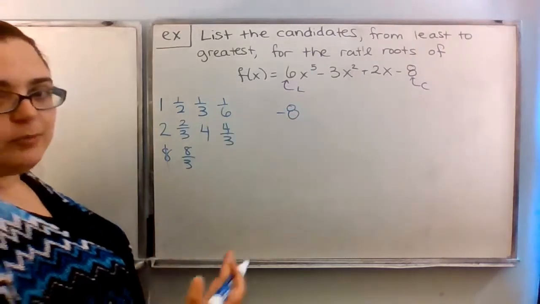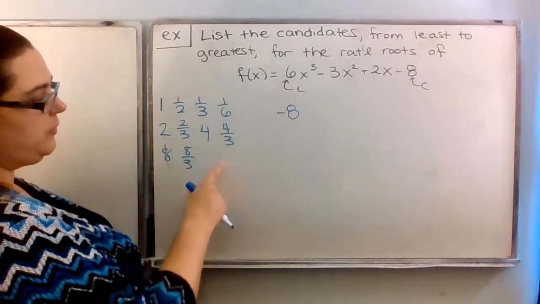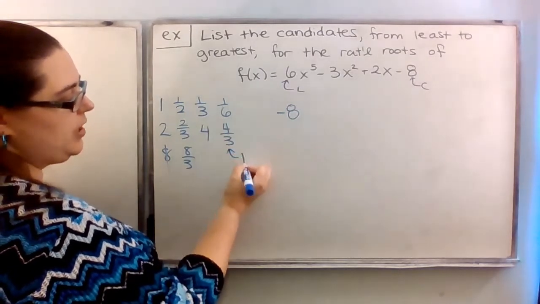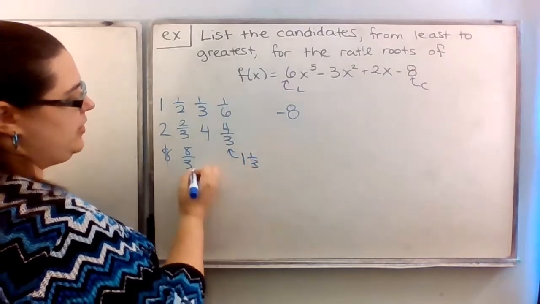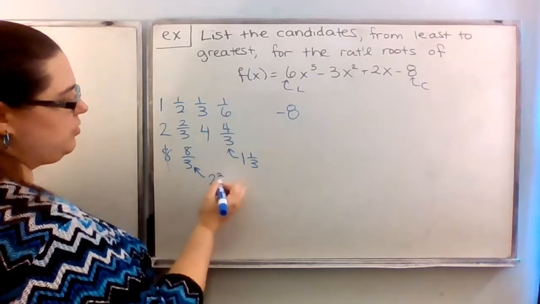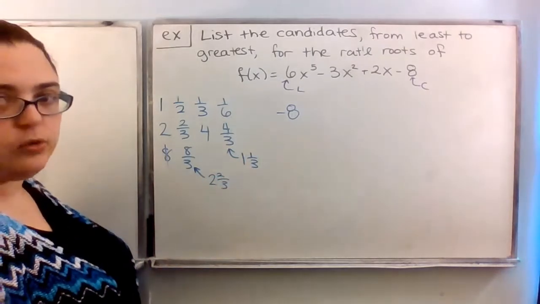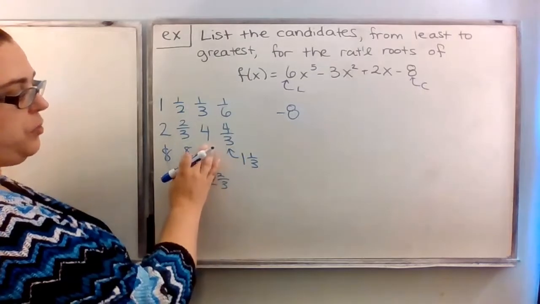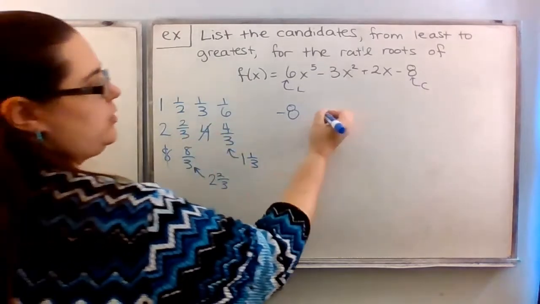Then I can already see I'm going to run into a little bit of trouble because I have some improper fractions. So 4/3 is the same as 1 1/3, and 8/3 is the same as 2 2/3. So that's going to help me put those in order. So the next biggest number is 4, so I'm going to list -4.